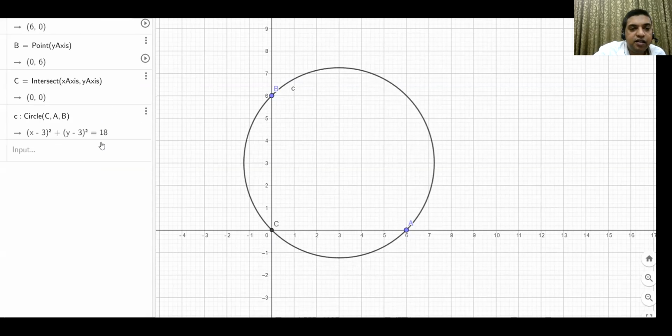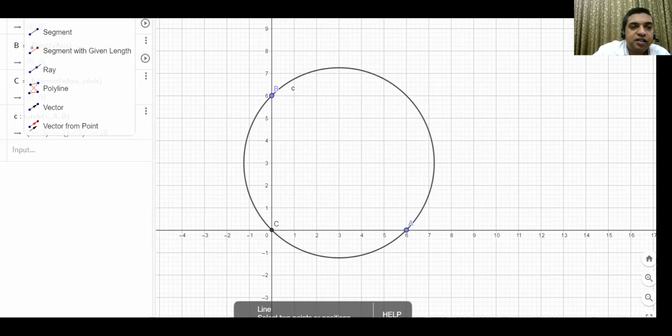Look at the equation: x square minus 6x plus 9 plus y square minus 6y plus 9 equal to 18. So 9 plus 9, 18 cancels. You get again x square plus y square minus 6x minus 6y equal to 0. Same as what we got.